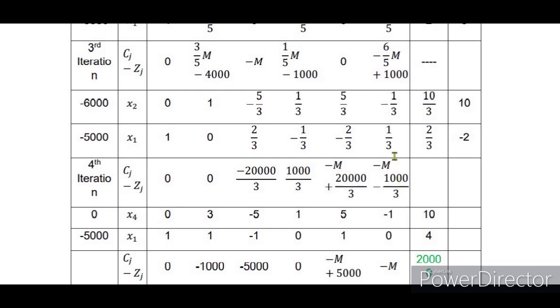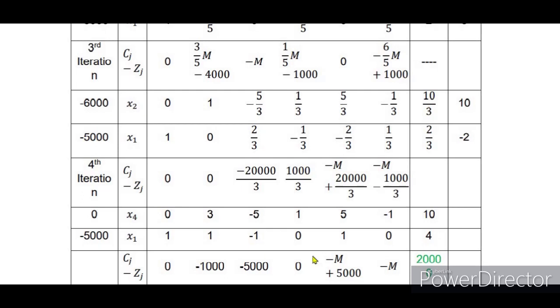So 1/3 minus 1/3 is 0. Then 10 times negative 1/3 is equal to negative 10/3. So 2/3 minus negative 10/3 is equal to 4.